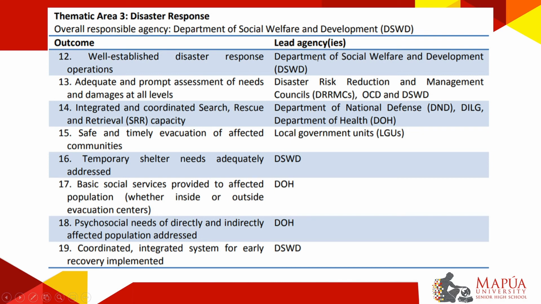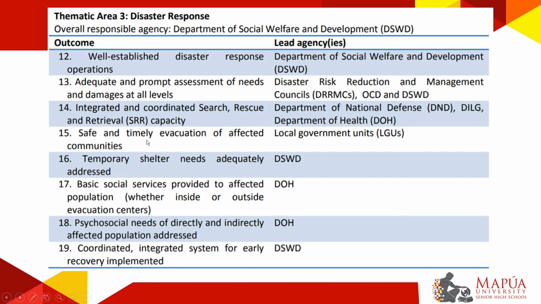For adequate and prompt assessment of needs and damages, the local DRRMCs, OCD, and the DSWD are responsible for these. Integrated and coordinated search and rescue and even retrieval capacity is important, and this is done by the Department of National Defense, the DILG, and the Department of Health.